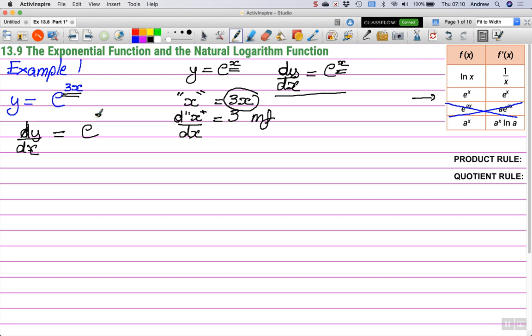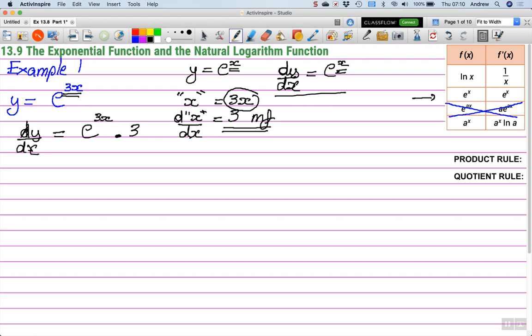So the e function does not change. But it has a multiplying factor, and that multiplying factor is 3. So that's method number one. And the reason why I teach that method is because it's a follow-on method from the inverse trig functions that we did in the previous lessons that you should now be getting correct.